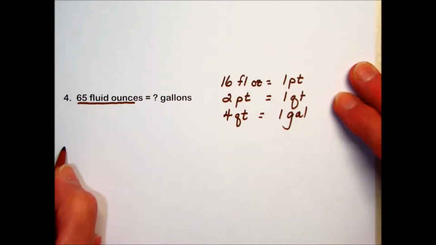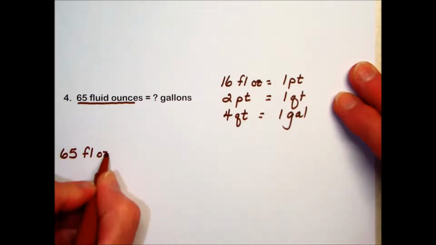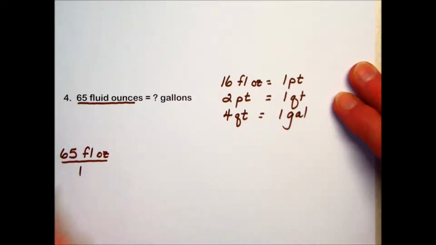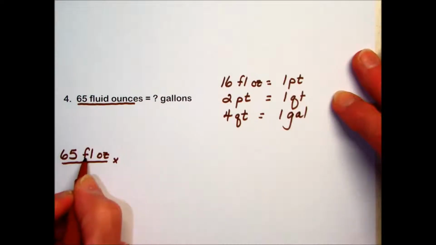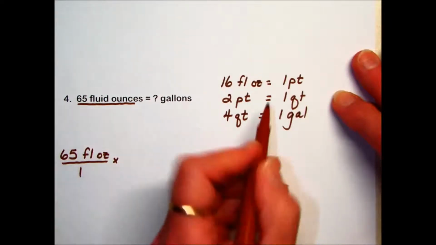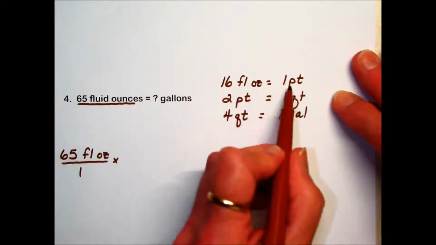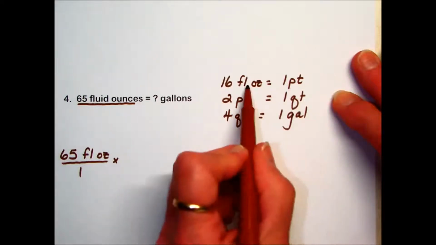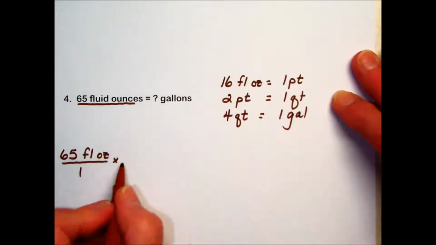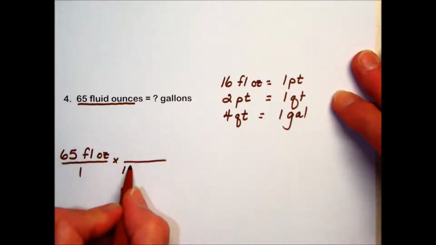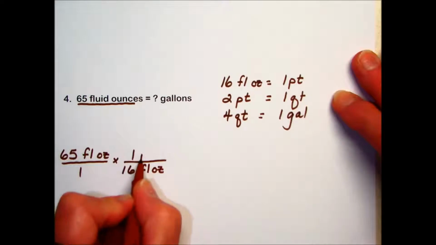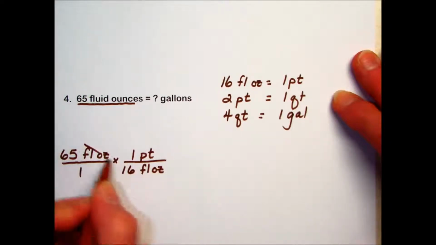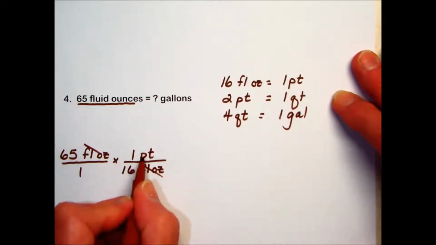We start with the given information, which is 65 fluid ounces expressed as a fraction, so it has a denominator of 1. The first goal is to get rid of fluid ounces, so we want the fluid ounces to cancel out, and we'll put the 16 fluid ounces in the denominator and the 1 pint in the numerator. Fluid ounces are gone.